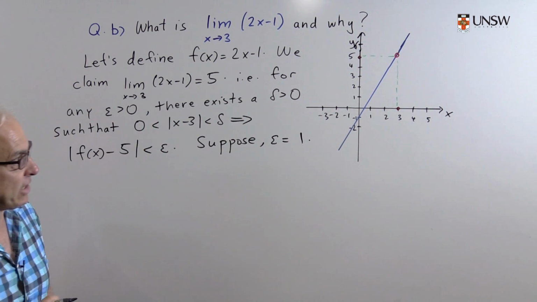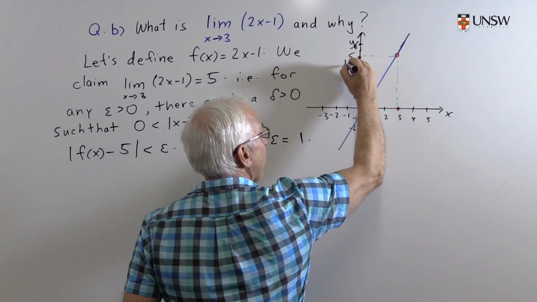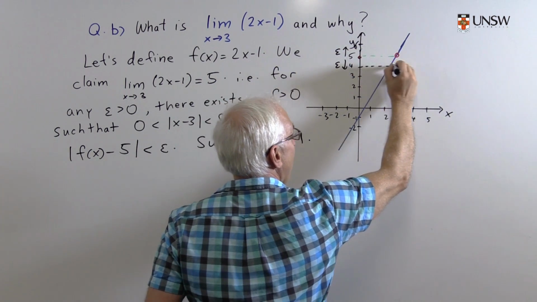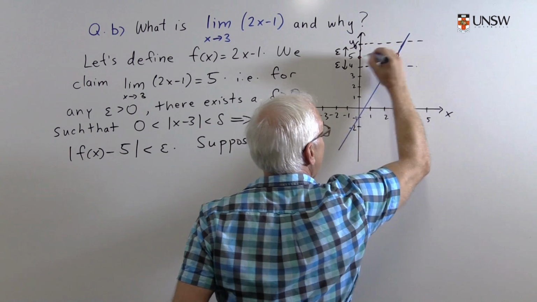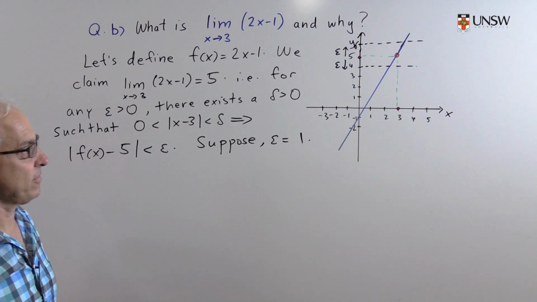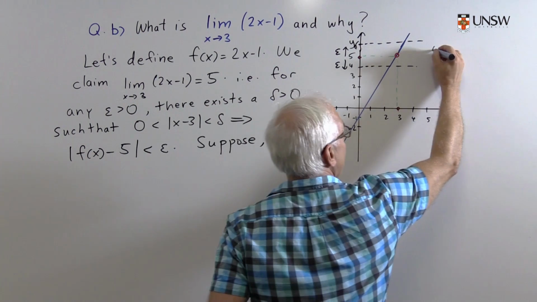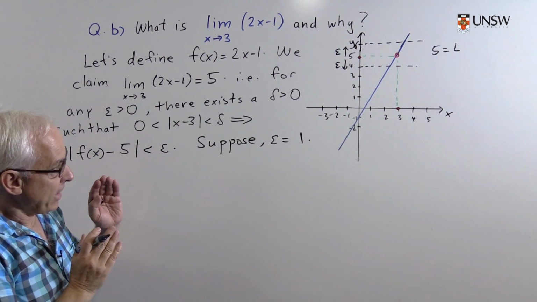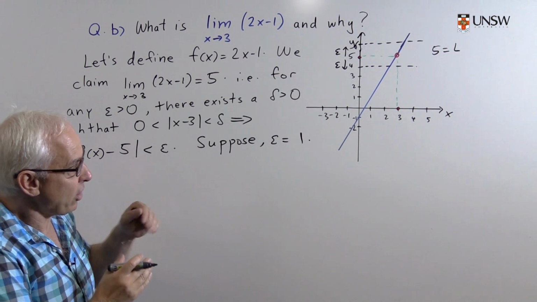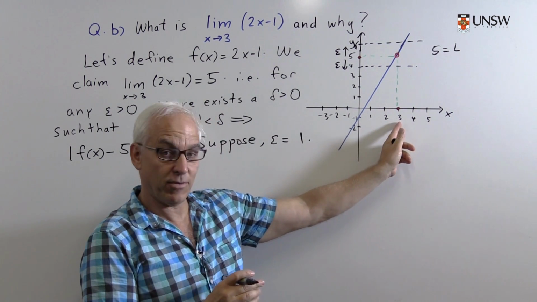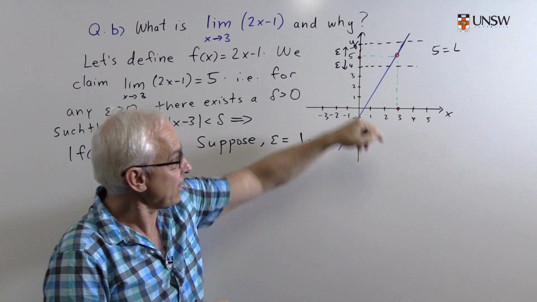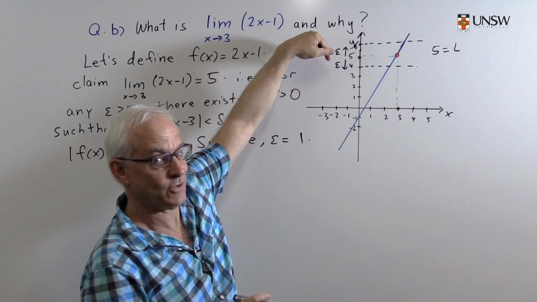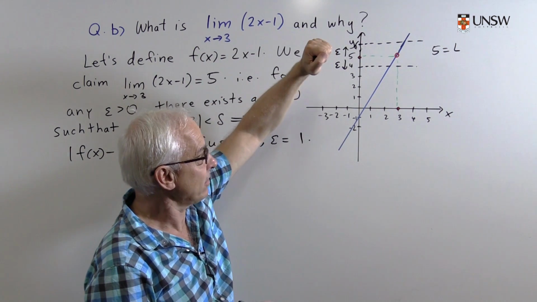All right, so if epsilon is equal to 1, it means that we're talking about a range of 1 around the limiting value of 5, which is L. So in this case, the limit is L, or 5. So we could ask, how close does x have to be to 3 in order to guarantee that the function's values are within this band of epsilon, which in this case is 1, around the limit L?